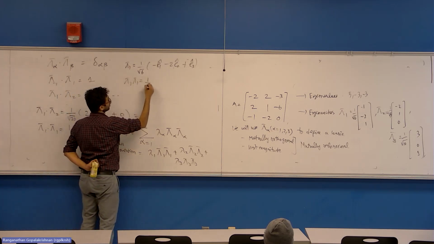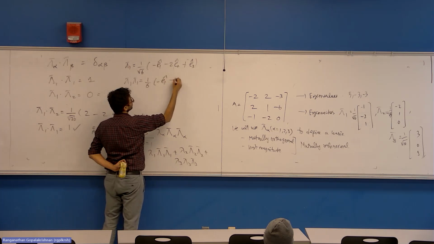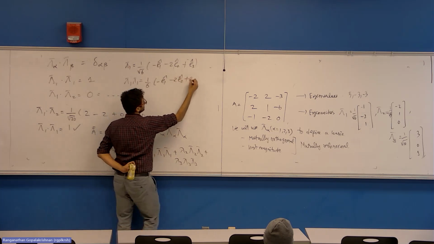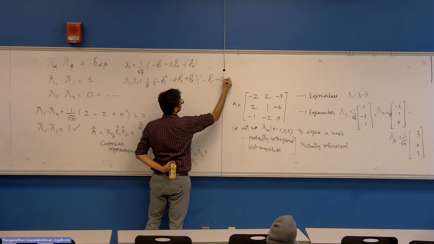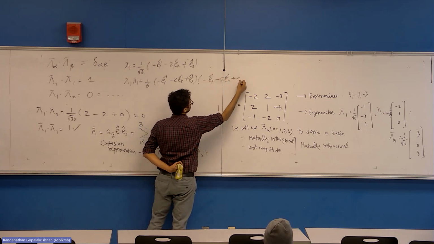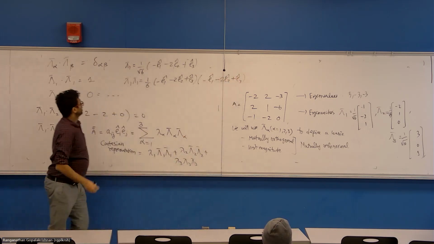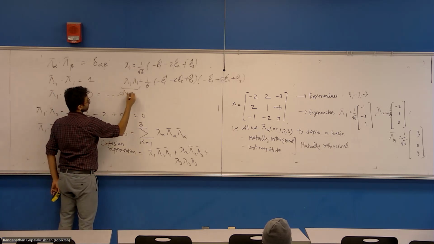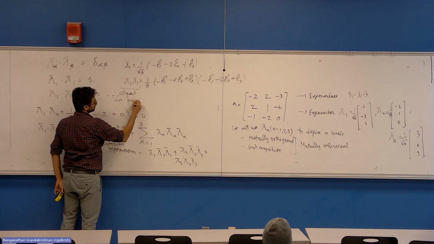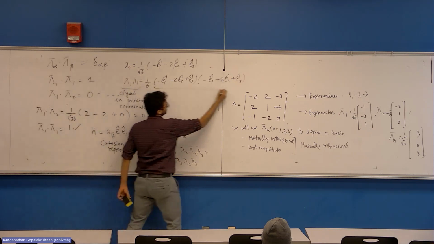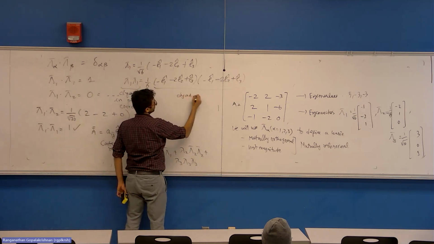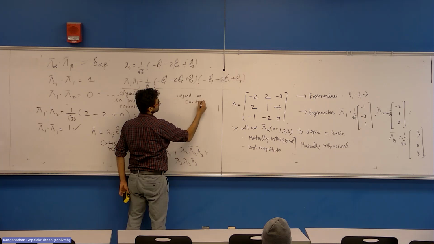That is like writing 1 over 6 times (minus e1 minus 2 e2 plus e3), and again (minus e1 minus 2 e2 plus e3). This is the dyad in principal coordinates. This is the dyad in Cartesian.